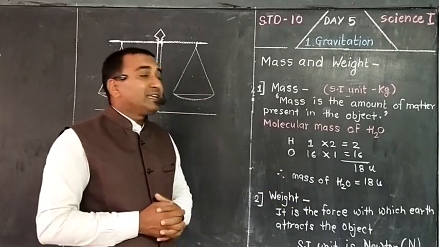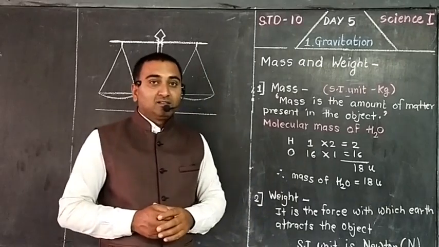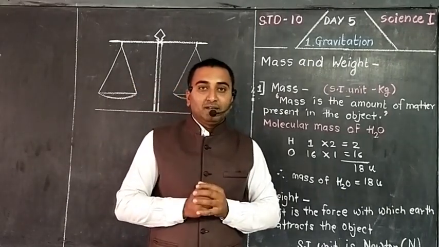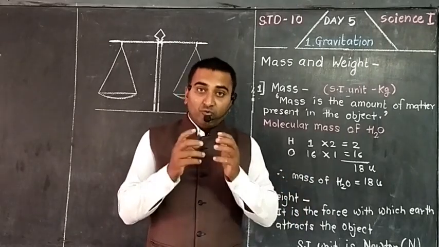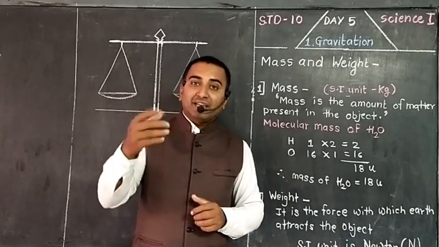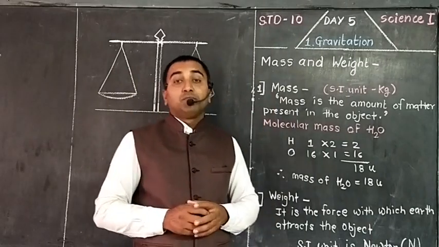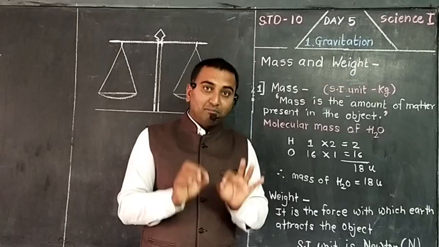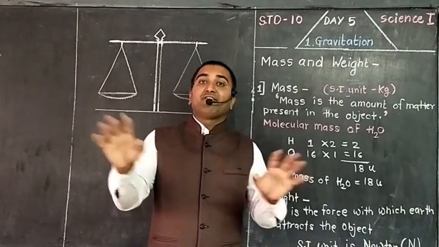What is the SI unit of mass? Kilogram. Suppose I am taking one object and its mass is 1 kg. Then wherever you go, in Pakistan, China, America, on the moon, the mass will not change, because the number of particles in that object remains the same everywhere.